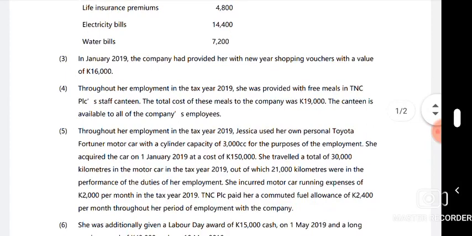4. Through her employment in the tax year of 2019, she was provided with free meals in the TNC PLC staff canteen. The total cost of these meals to the company was 19,000. The canteen is available to all the company's employees. So these as well, we're looking at meals here.